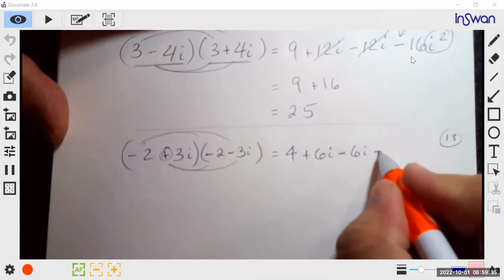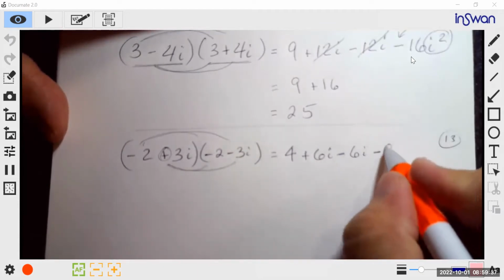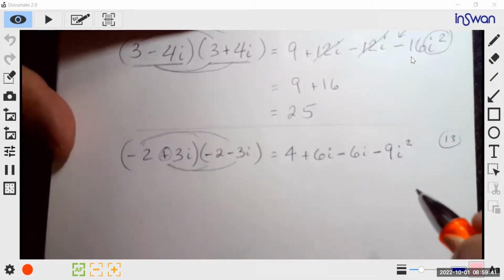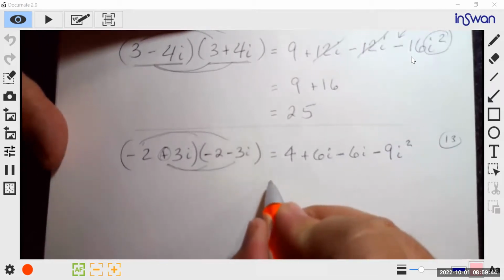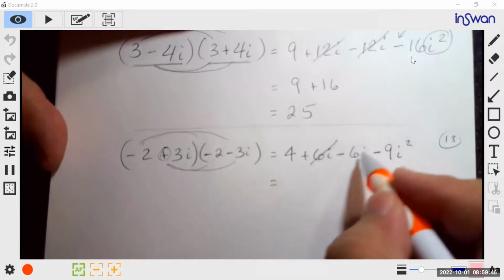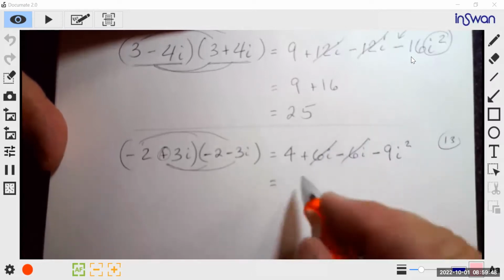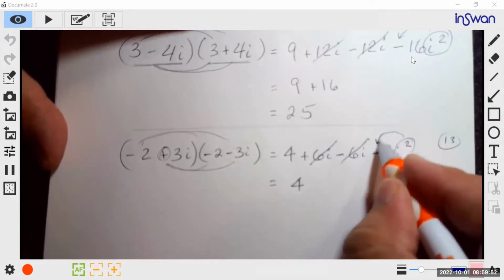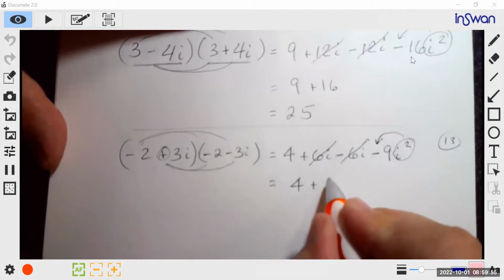Positive times negative is a negative. 3 times 3 is 9. I times I is I squared. The middle terms cancel. I squared changes the sign of the coefficient.